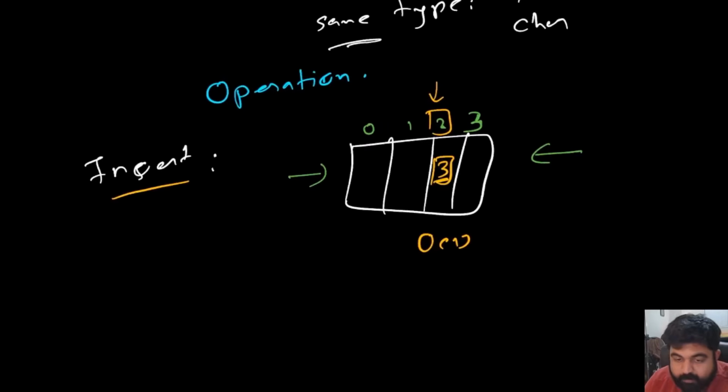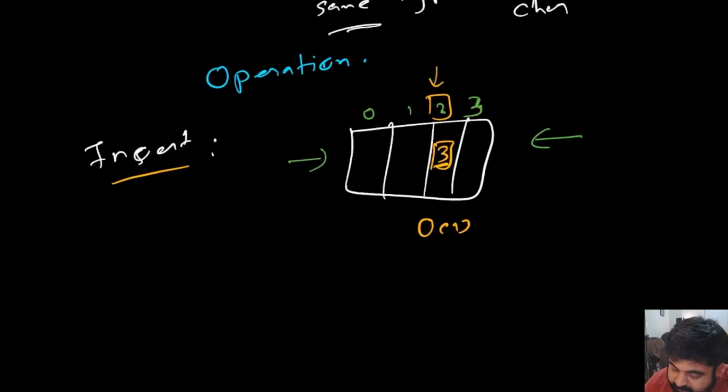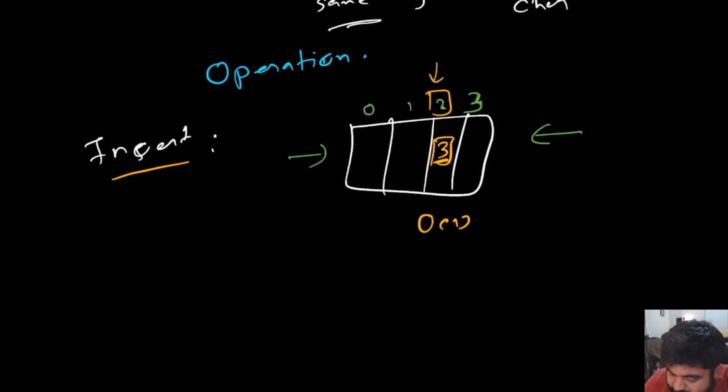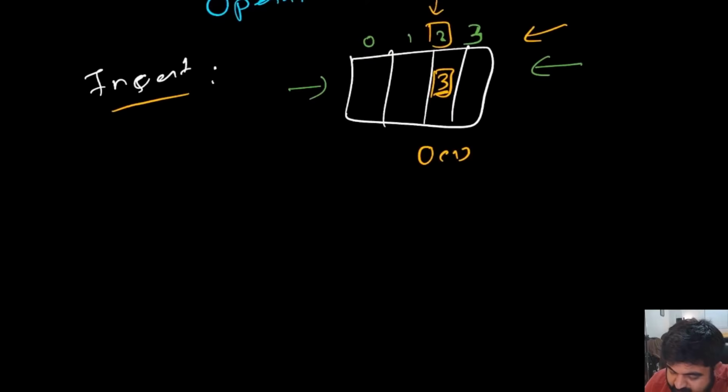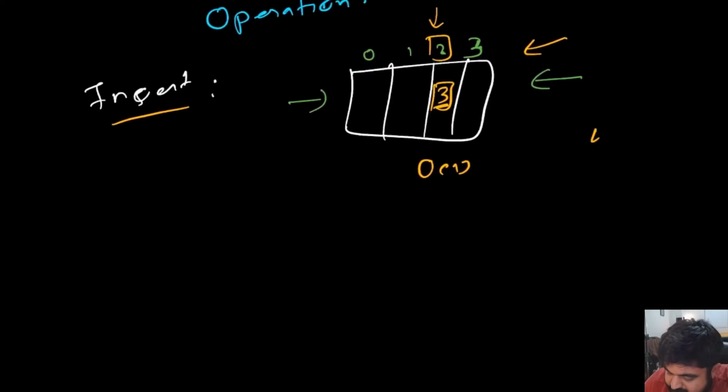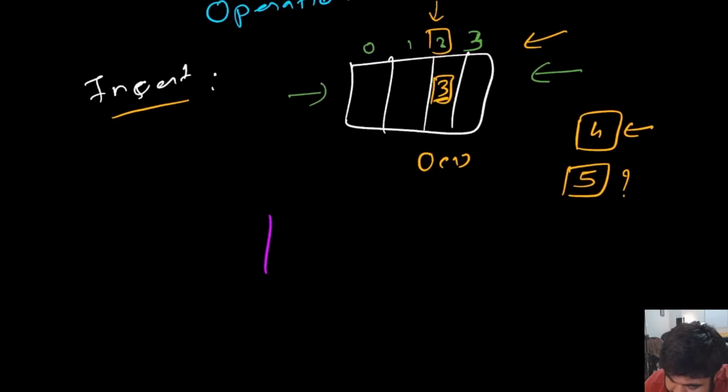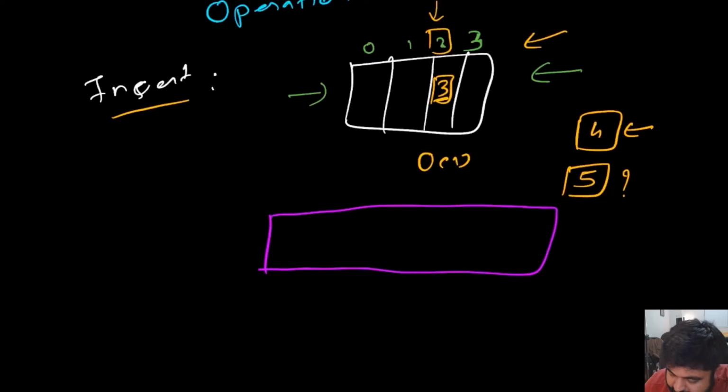But the problem with insertion comes when we go beyond the bounds of our array. Let's say we currently have an array of size 4 where we can only store 4 values, but I want to store a 5th value. What would happen in that case? Our computer is going to create another array, and since this array was of size 4, this time it is going to create double the size of the previous array.